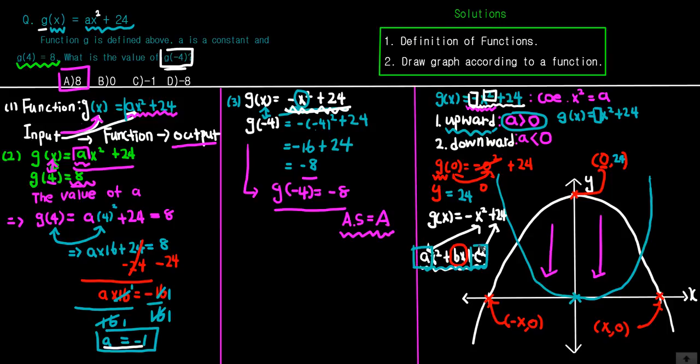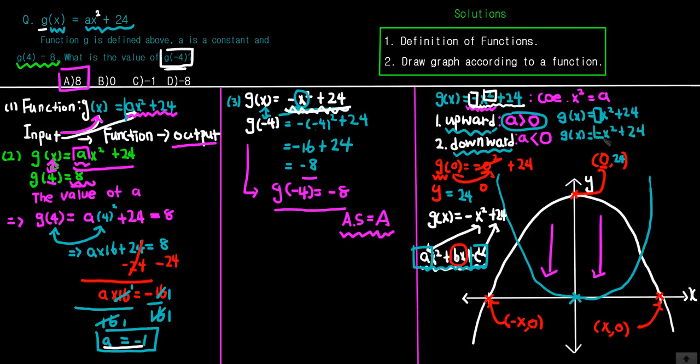and the constant c. And let's talk about c when it goes downward, which means a, the coefficient of the x squared term, is less than 0, which means it is negative, such as g of x is equal to negative x squared plus 24.